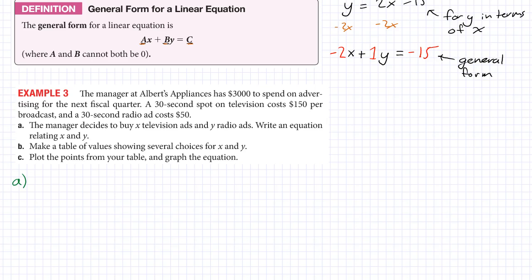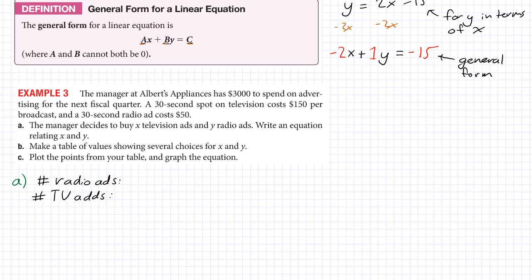Think about all of the different quantities involved. Quantities just means a word for numbers in the problem. Some quantities we can think about are the number of radio ads and the number of TV ads.